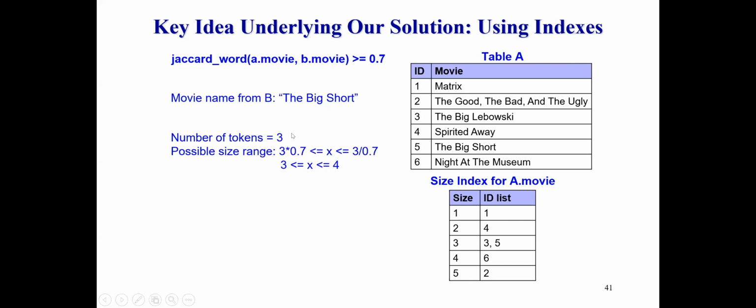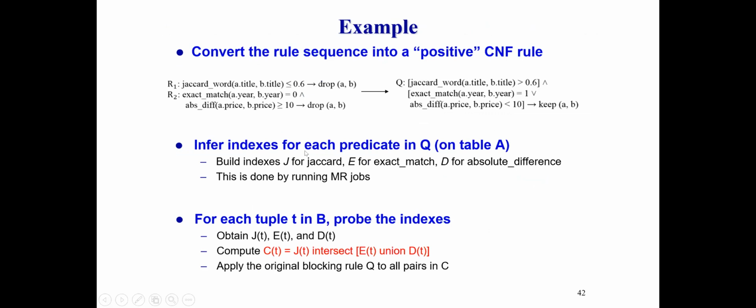We also know that the length of any possible suitable string in table A needs to be between 3 and 4. So we could immediately go into the index, and we can see that we only need to pay attention to strings 3, 5, and 6. So we pull out the strings, pair them with "the big short", and just run them through the Jaccard word blocking condition.